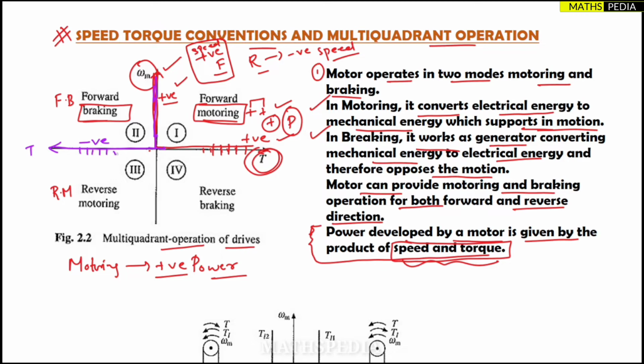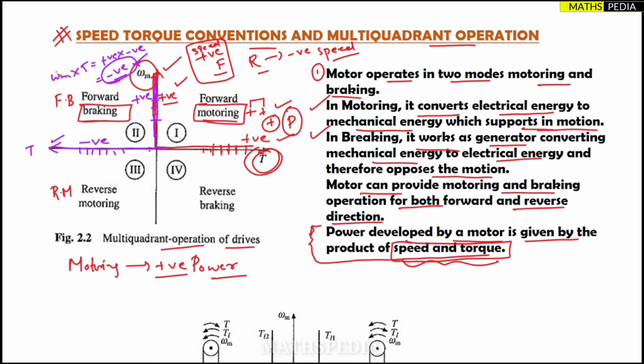Speed is anyways positive. So speed is positive, torque is negative. Here we have speed into torque, that is positive into negative. You have to multiply, so we get the negative side.